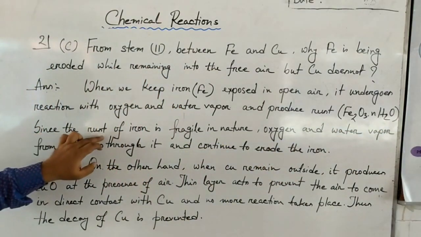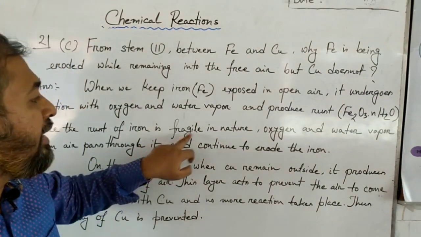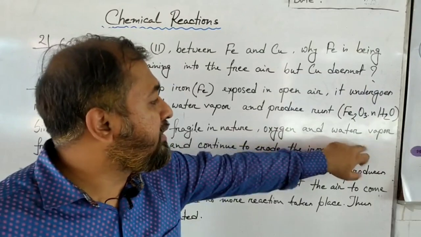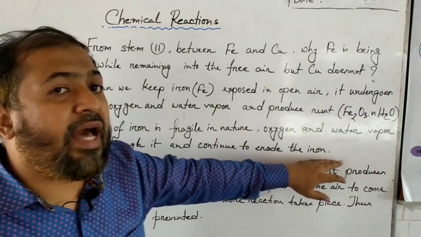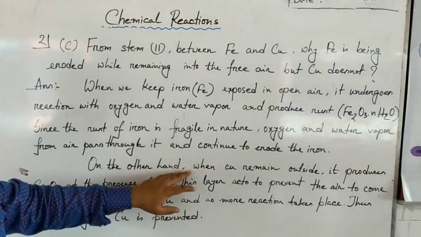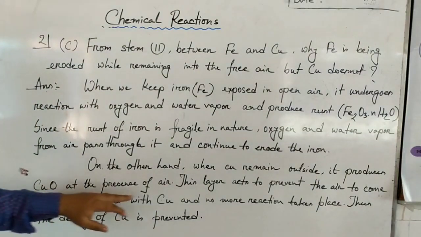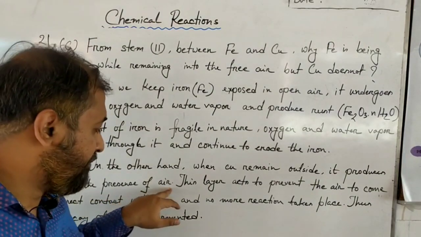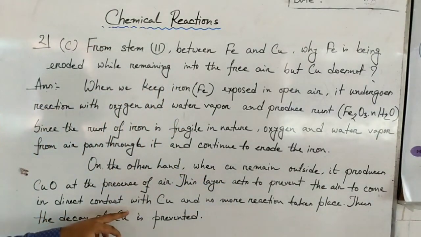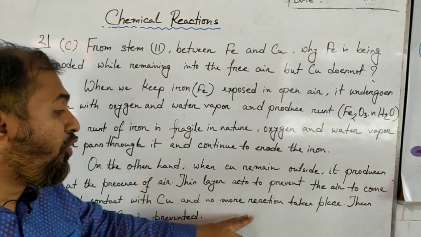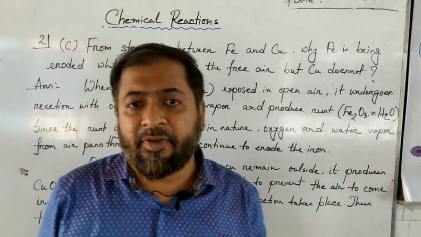Since the rust of iron is fragile, fragile means which can easily break down, in nature oxygen and water vapor from air pass through it and continue to erode the iron. On the other hand, when copper remained outside, it produced copper oxide in the presence of air. This layer acts to prevent the air from coming in direct contact with copper and no more reaction takes place. Thus, the decay of copper is prevented.